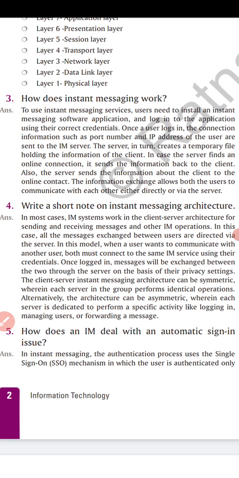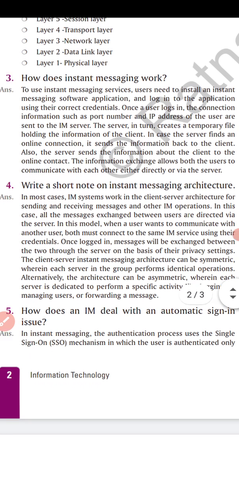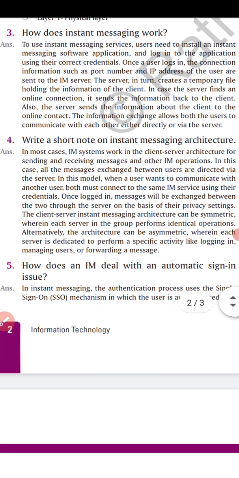You should know that IM servers work on server and client technology, or architecture. The messages will be exchanged between the two through the server on the basis of their privacy settings. Client server instant messaging architecture can be symmetric. So dear students, you should be clear on it.